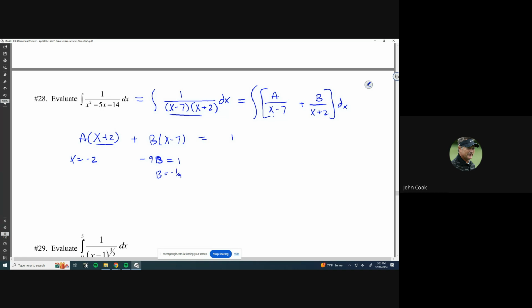I'd put that over here for B. And then I'd pick another x value, x equals 7. That'd be really nice. If I did that, I would get A times 9, or 9A, plus B times 0, which is just 0. So 9A equals 1, and therefore A is going to be equal to 1/9.